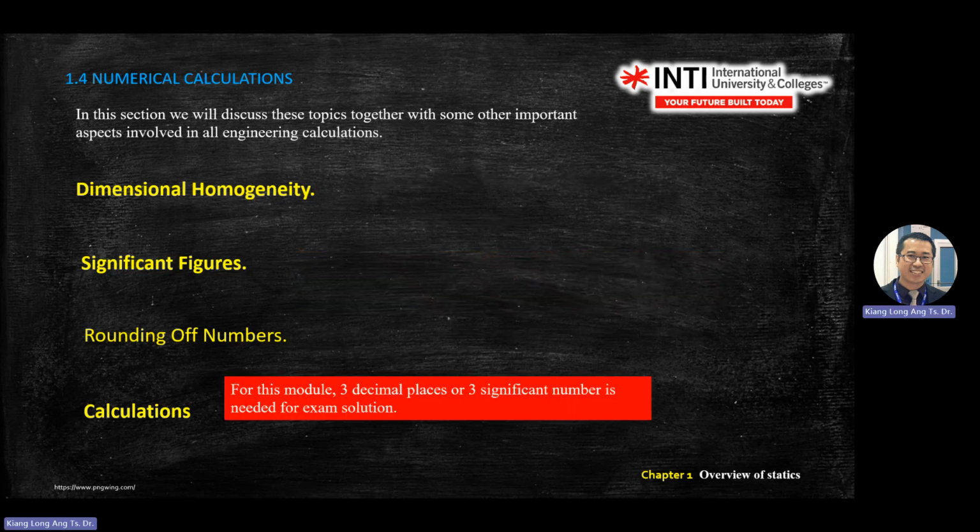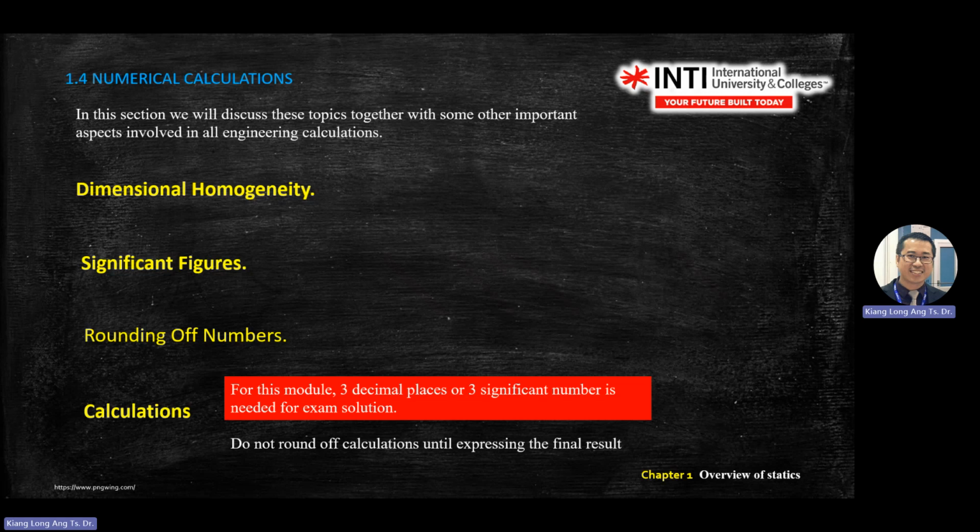Okay, calculation. Again, just a reminder, use 3 decimal places or 3 significant figures. It depends on the final answer. If your final answer is maybe 2, the value is 2 meter per second, you can write 2.00 meter per second, at least 3 significant figures or 3 decimal places, depending on the answer.